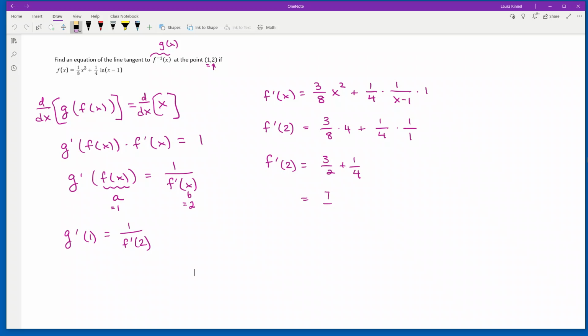So F prime of 2 is 7/4. G prime of 1 is 1 over that value, so G prime of 1 is 4/7. So the equation of my line tangent to the graph at 1, 2 is Y minus 2 equals 4/7 times X minus 1.